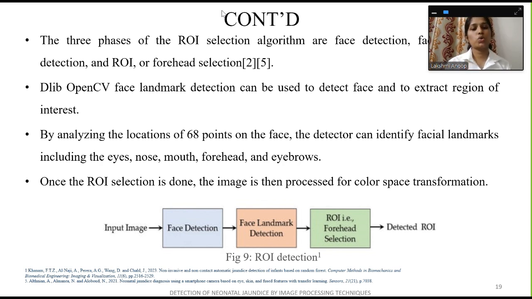So this ROI detection is mainly accomplished through a library called Dlib OpenCV face landmark detection, which is used to easily detect the face from the image. By analyzing the location of 68 points on the face, the detector can identify facial landmarks including the eyes, nose, mouth, forehead, and eyebrows. Once the ROI selection is done, the image is then processed for color space transformation.